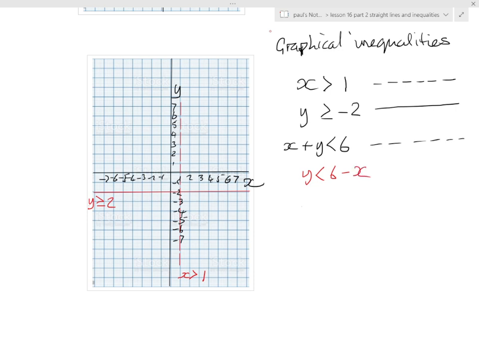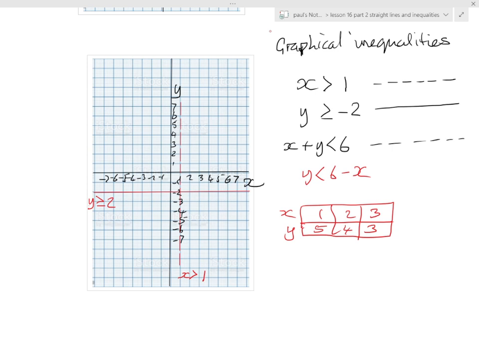Table of 3 coming up. So x, y, 1, 2, 3. When x is 1, 6 minus 1 is 5. When x is 2, it's 4. When x is 3, it's 3. Here are our coordinates to do this third line.